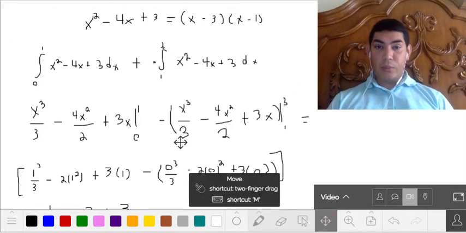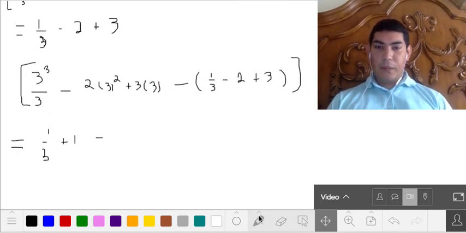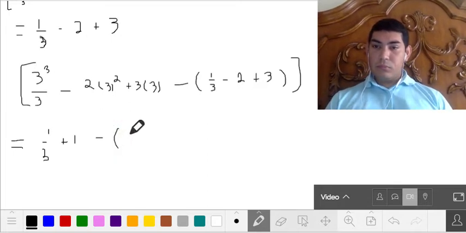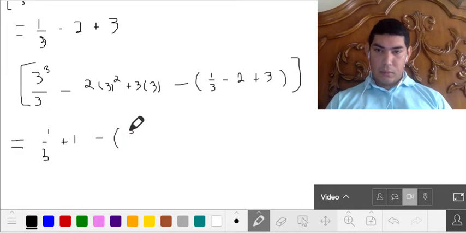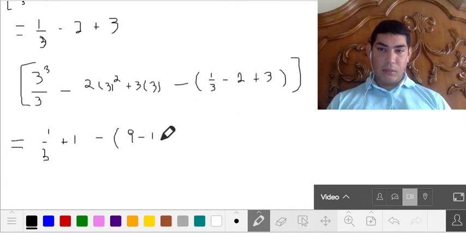So like I mentioned, here we have a minus. 3 cubed is 27, divided by 3 is 9. Then 3 squared is 9, times 2 will be 18, so minus 18 there.